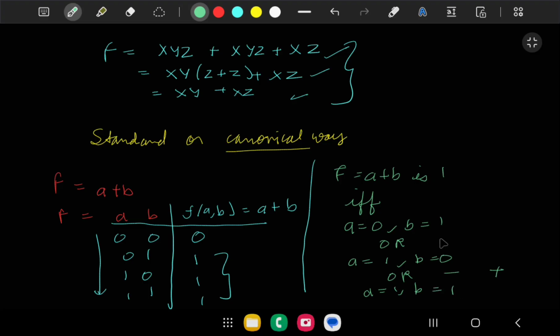So this is plus 1, this is plus 1, right? Now a equals to 0, b equals to 1.